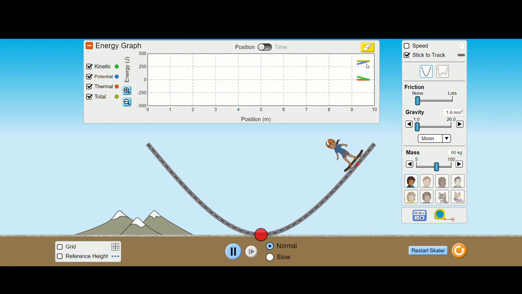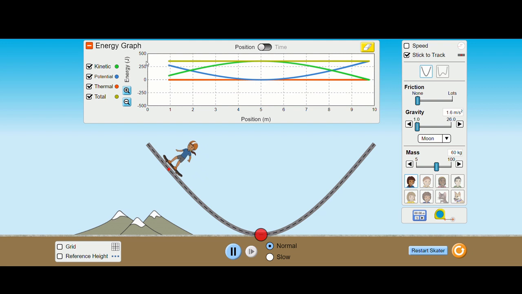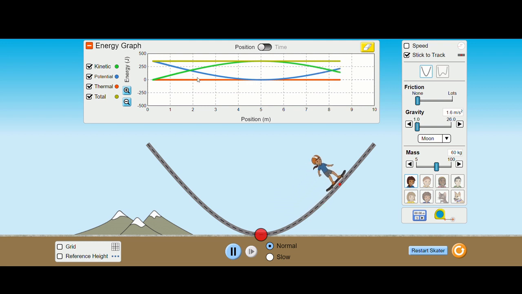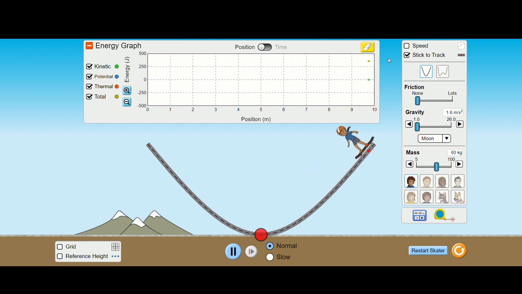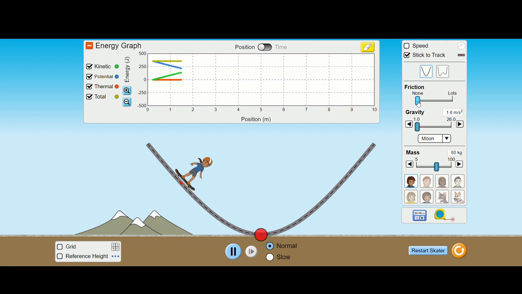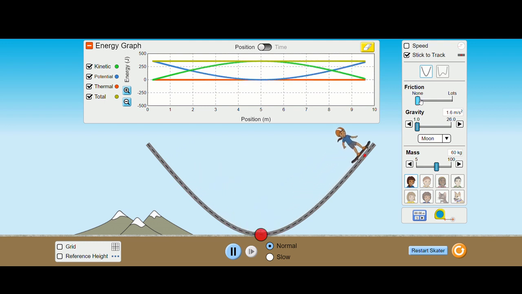With position you can see that the total energy remains constant at around 260, and the potential energy, which is the blue line, first reduces, then it goes back to the initial position. This is because I've put friction to 0, so there is no energy loss as such.